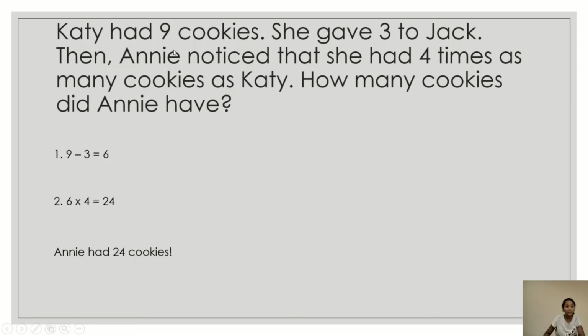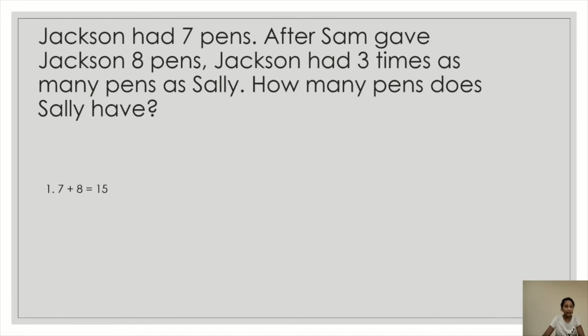Katie's the first character and Annie's the last character. In this one, Jackson, who's the first character, had 3 times as many pens as Sally, who's the last character. In the first one, the last character had more than the first one. And in this one, the first character has more than the last one. So that's a difference.